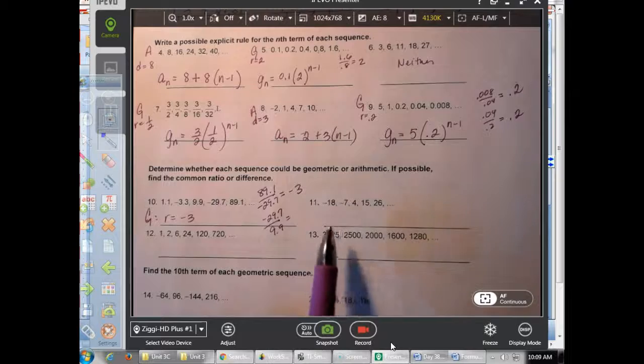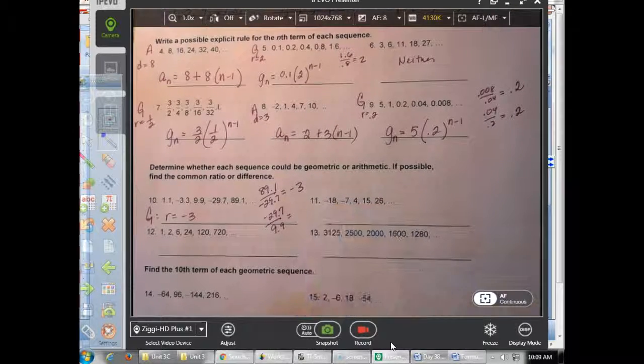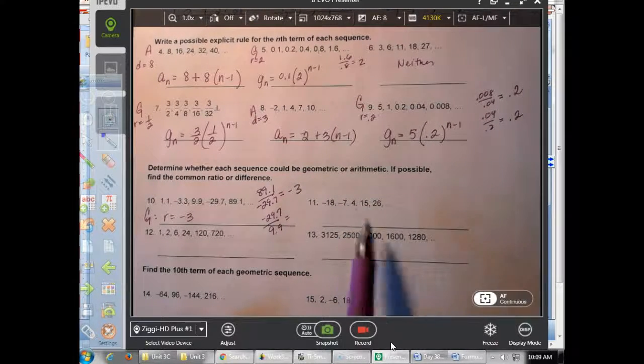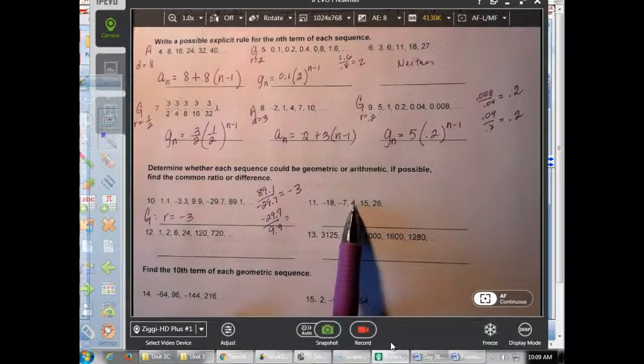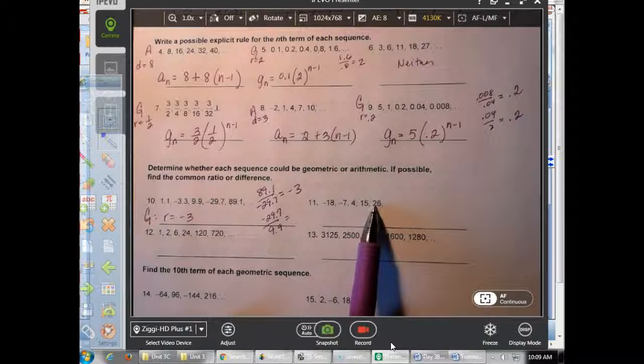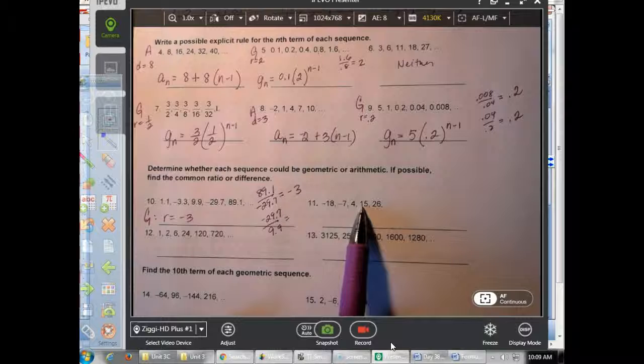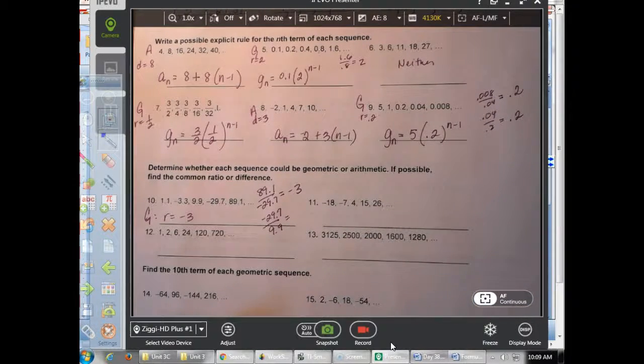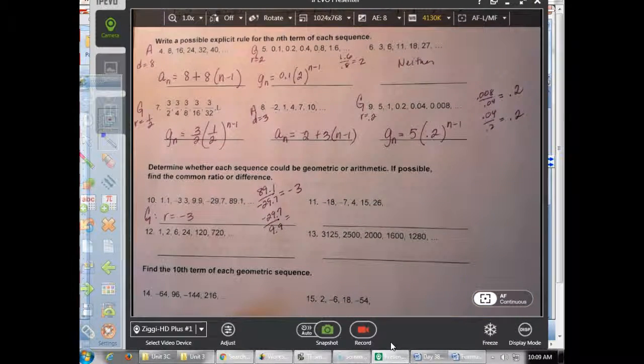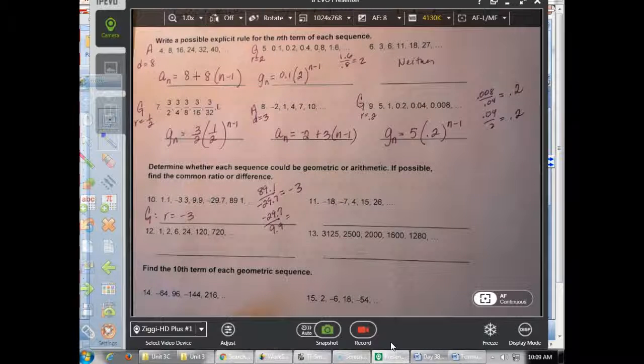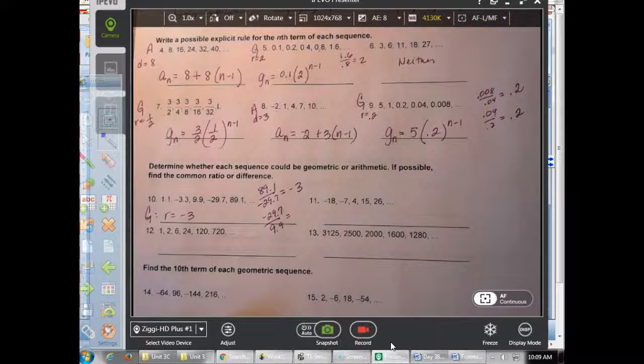Okay, the next one. It looks like I'm going to be adding 9 every time. No, wait, from here to here, it's 11, sorry. So it looks like it's arithmetic, so if I take -18 plus 11, I get -7, plus 11, I get a 4, plus 11, I get a 15.